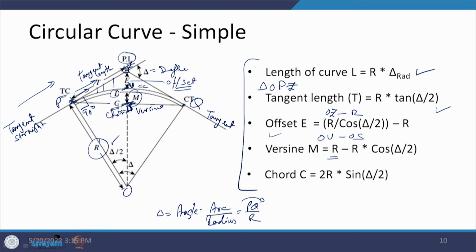So, OS is R cos delta by 2, and R minus R cos delta by 2 is going to be the versine. The chord is 2 times the distance PS. So, we have to calculate PS, and again using this triangle, PS is R sin delta by 2, and so we get the chord as 2R sin delta by 2.